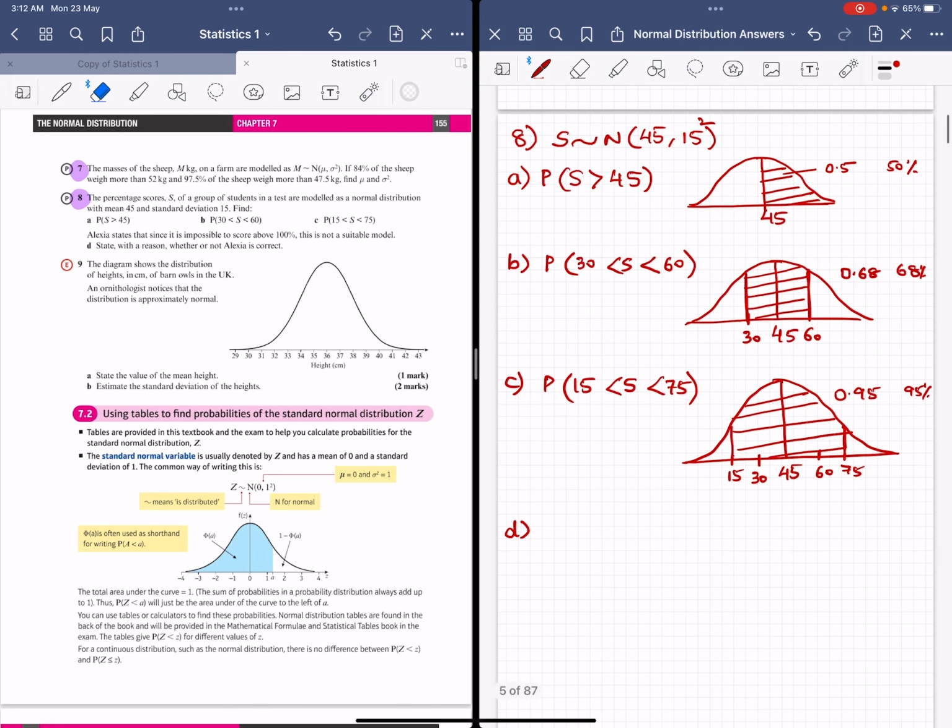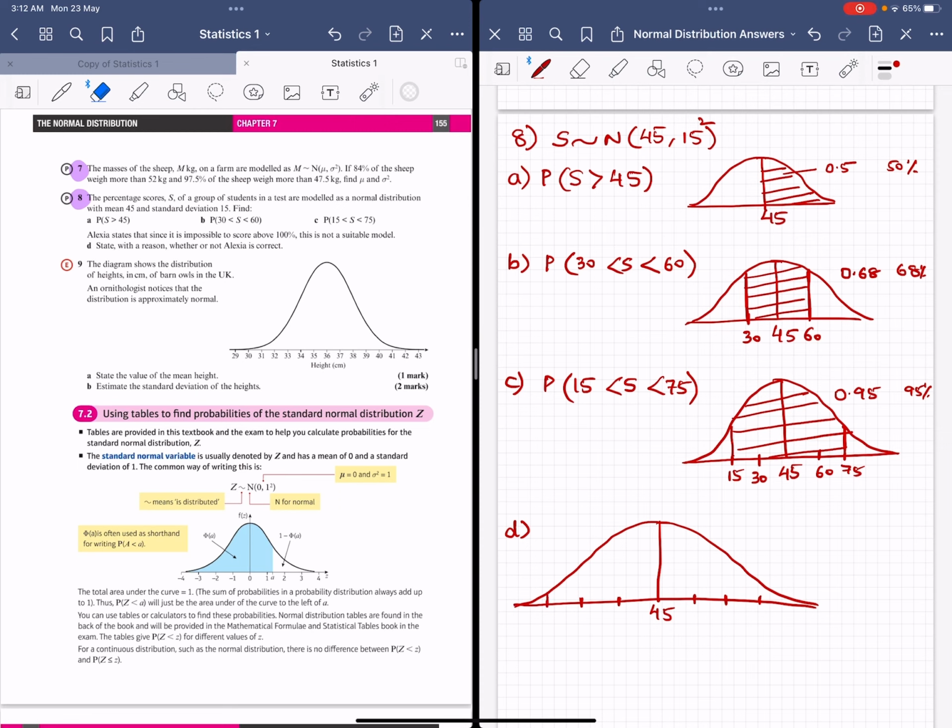So let us draw the bell curve again. So the mean is 45. One standard deviation, two standard deviations, three standard deviations below, and one, two, three standard deviations above.